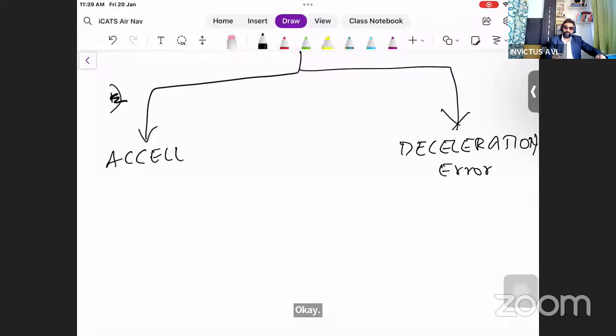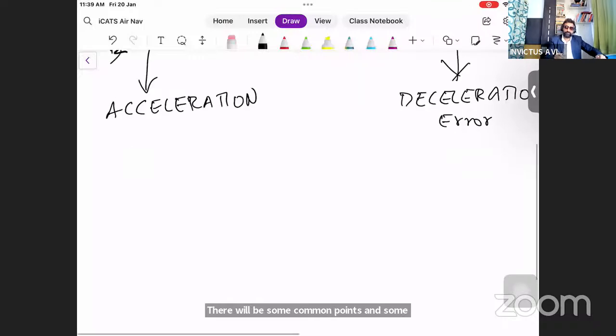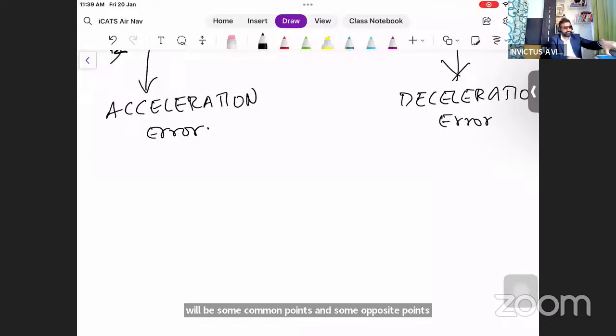There will be some common points and some opposite points. Now, the first thing you can write is AE and DE as a short code for our understanding, so that when we are writing, we can be a little fast in making notes.